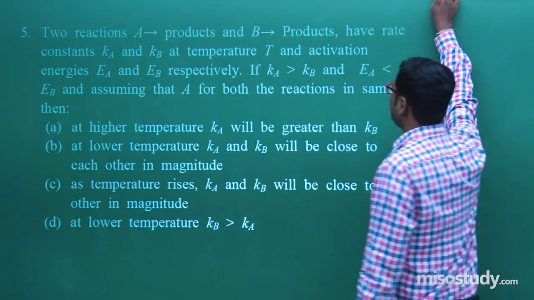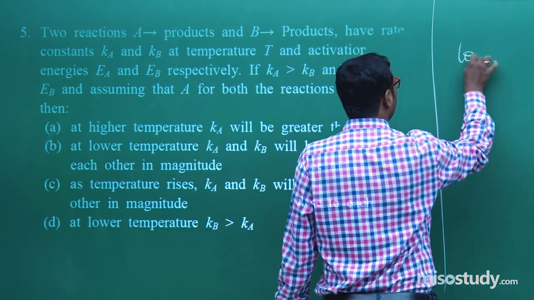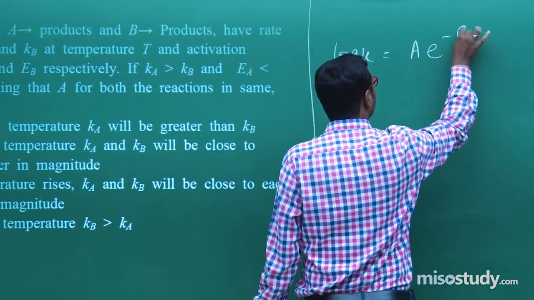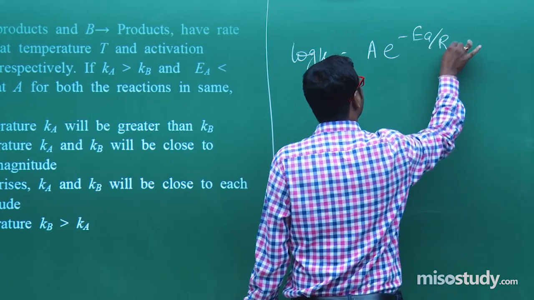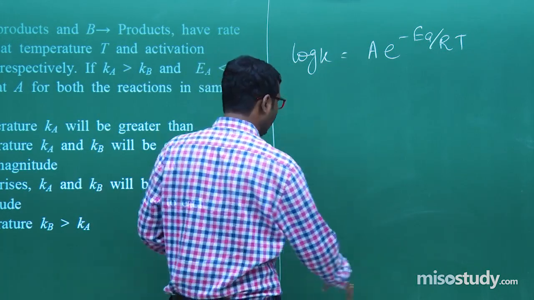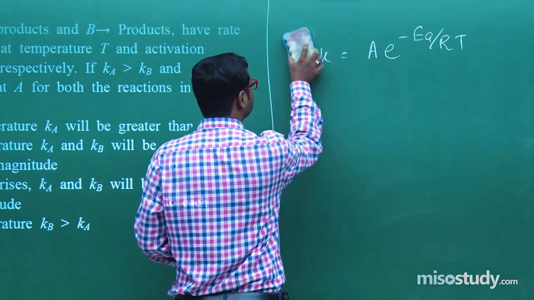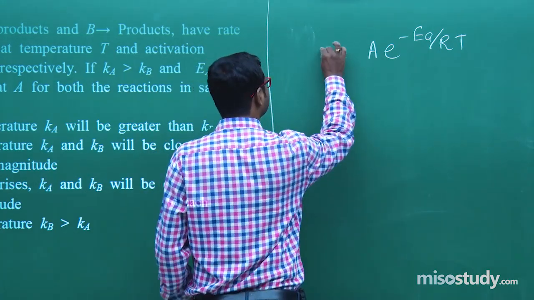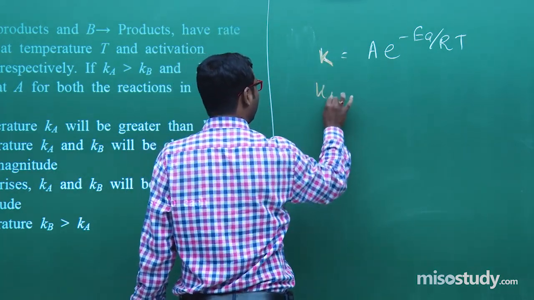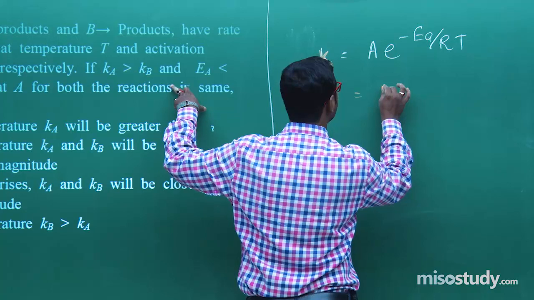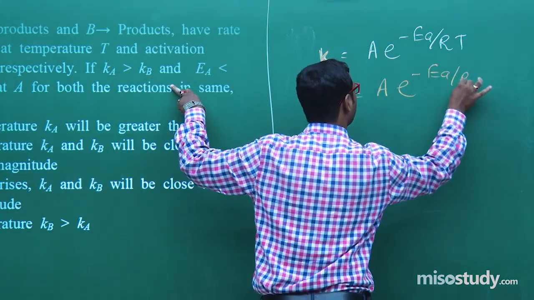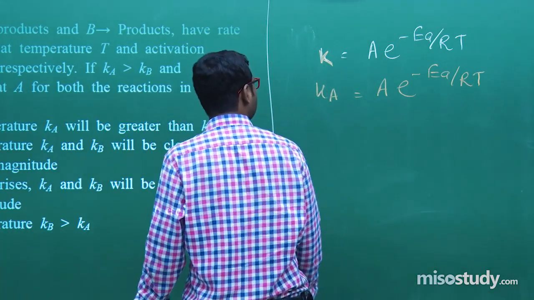As we know, the rate expression is K equal to A e to the power minus E upon RT. Remember this? Sorry friends, that is the expression. Clear? If I talk about Ka, Ka is equal to A e to the power minus EA upon RT. Yes.